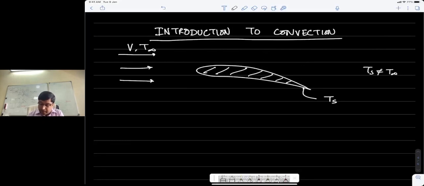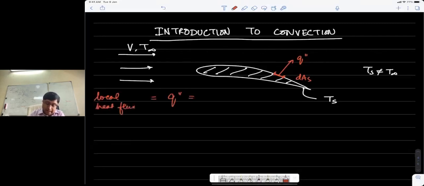If I take a small element of area dAs on the surface of this airfoil, then I can write the local heat flux as h (Ts minus T infinity), where h is the local heat transfer coefficient.